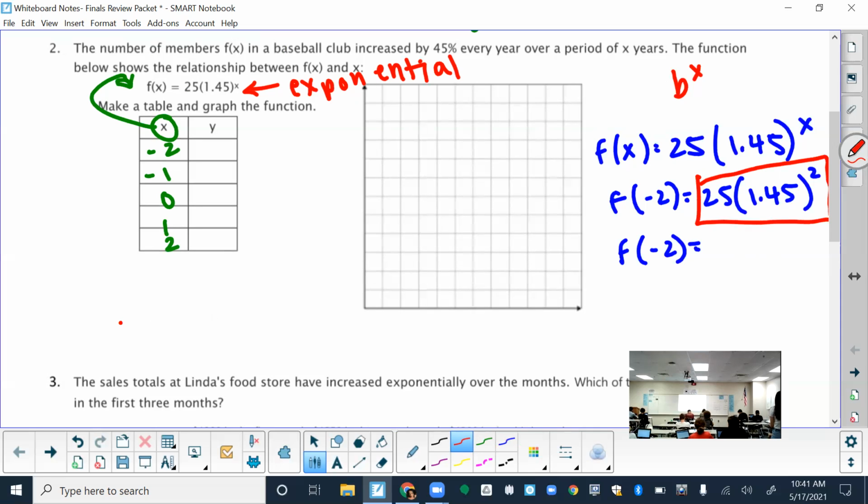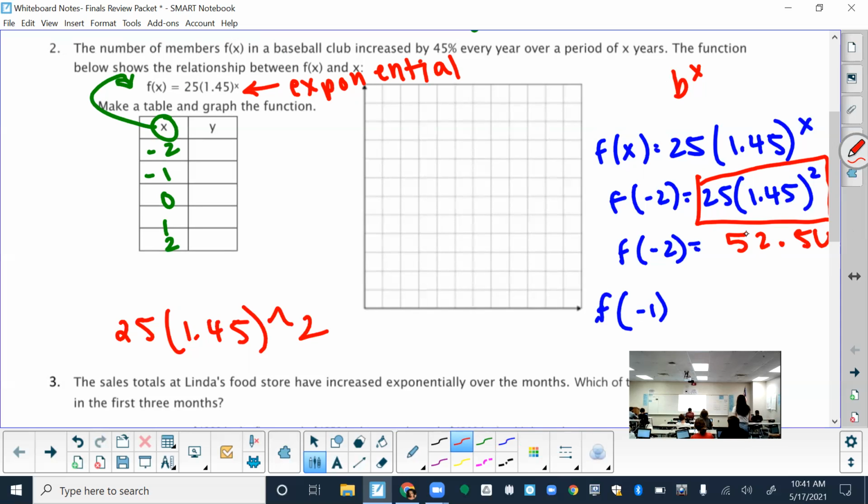I think on Galileo, when you type it in, you'll have to type it in looking like this. You type that in and what do you get? $52.56.